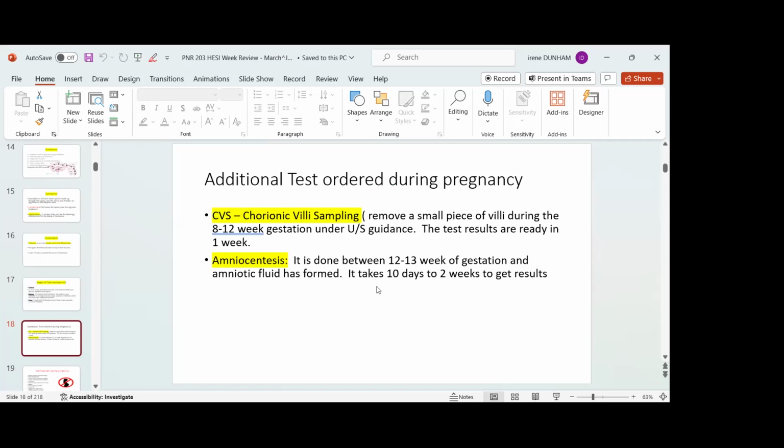An amniocentesis can be done later in pregnancy, like at 36 weeks, or even earlier, in case we have a preterm, say around 32, 33 weeks. The reason we do it at that time is we're looking at the baby's lungs to see if they are mature enough for us to deliver this baby. So that's the difference.